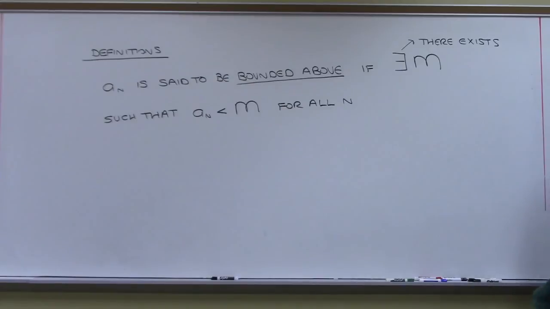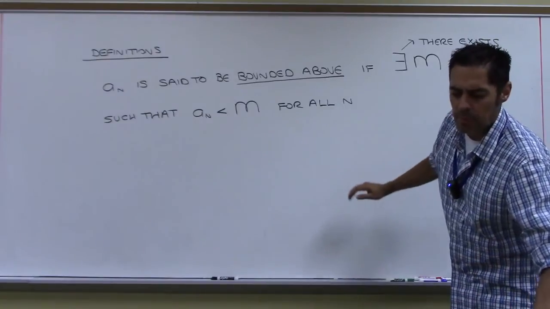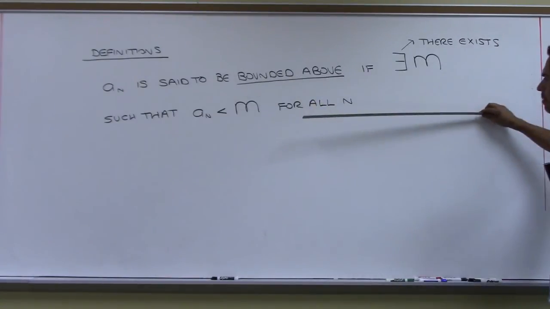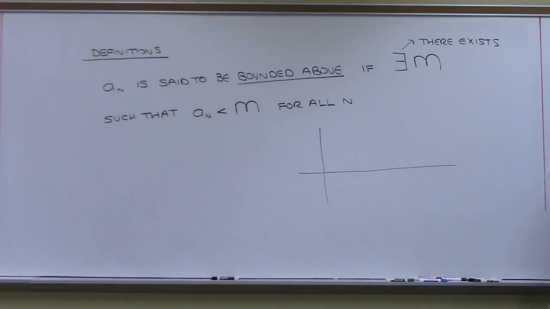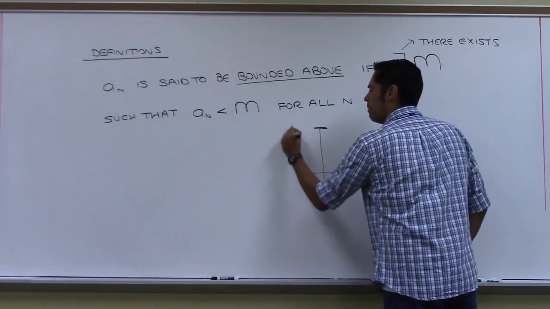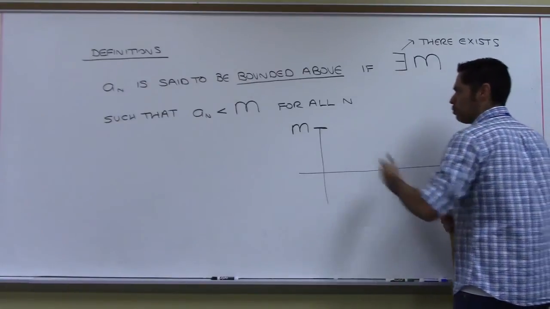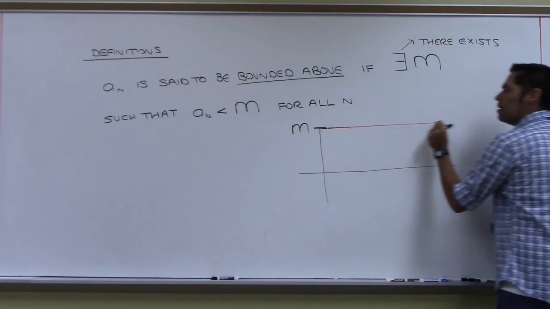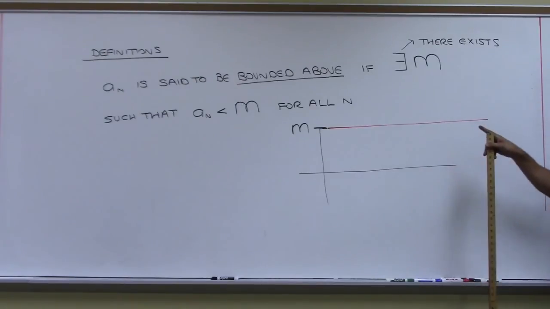Look at this definition as being like a roof, a ceiling on the sequence. It's an upper bound. So we draw a sequence. It's doing whatever, moving around, a bunch of dots in there, right? If it's bounded above, then there's a capital M that is working like this roof, this cap that our sequence can never go past.